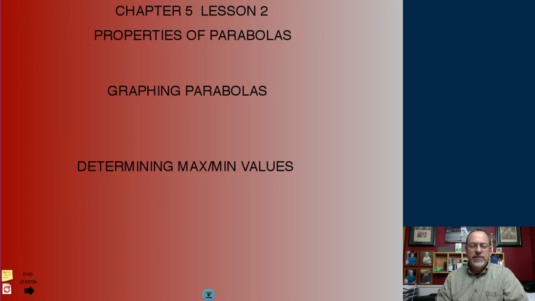Don't spend time trying to calculate these max and mins on word problems by doing the opposite of b over 2a and then substituting those values in and doing all that arithmetic. It gets very confusing because you'll be dealing with a lot of fractions and decimals and those types of things. So really work when you're applying these to word problems to go ahead and use your calculator. That's the time to use it.